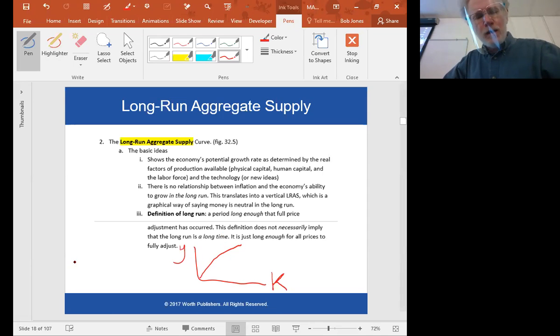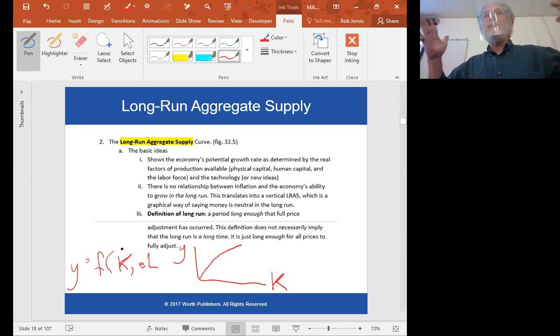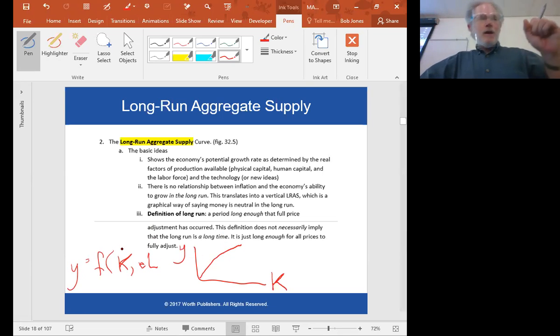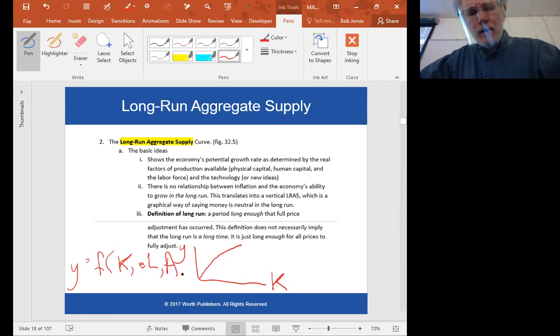And remember, we had a production function. We said that output is a function of, it depends on how much capital we have, physical capital, how much our human capital is, which they listed as EL. It depends on how much labor we have, the size of the labor force, but also how much education people have. And then also A, which stood for ideas or technology.